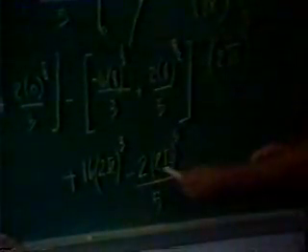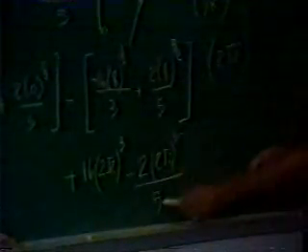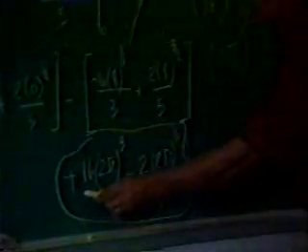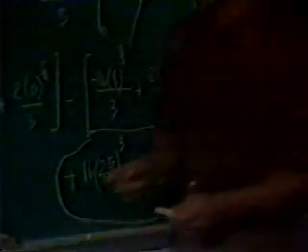Now I write it this way simply to make it look like the other one looked a moment ago. I have 16 times 2 times the square root of 2 cubed, minus 2. I can do the same thing here: 2 times the square root of 2 to the 5th all over 5. Now I'm not going through the simplification again, but compare this with what we had right over here.